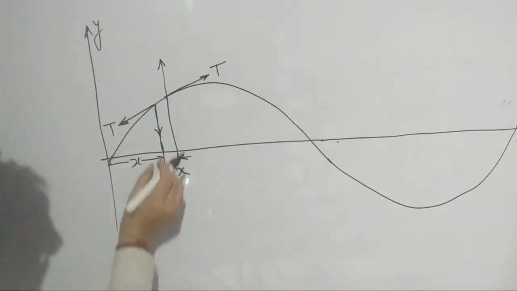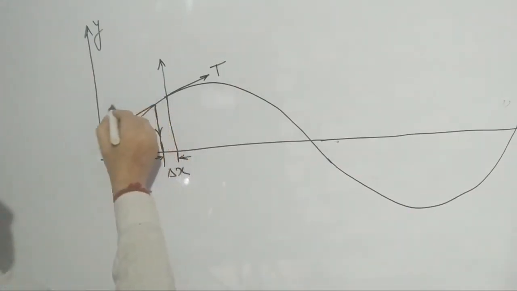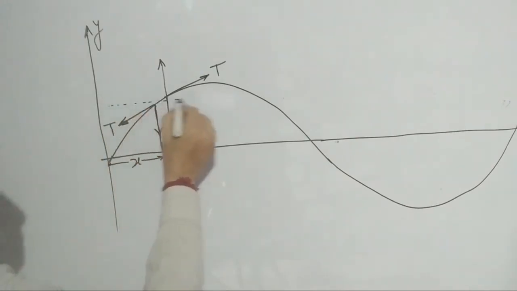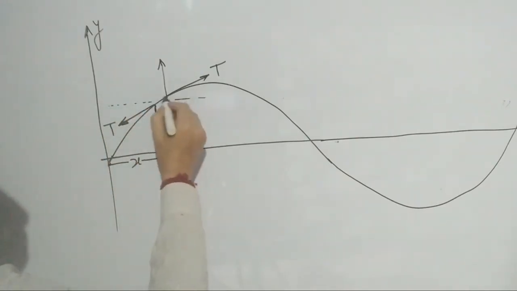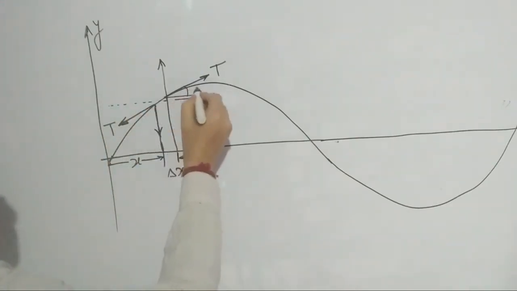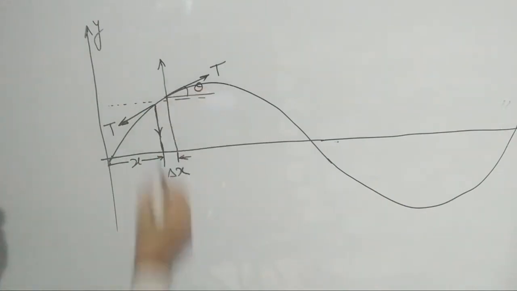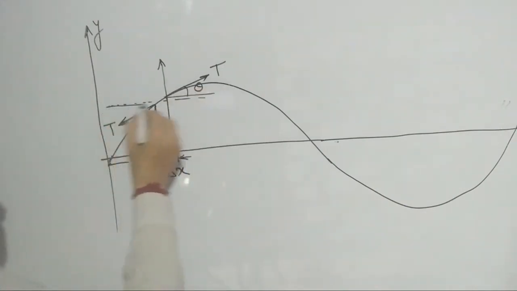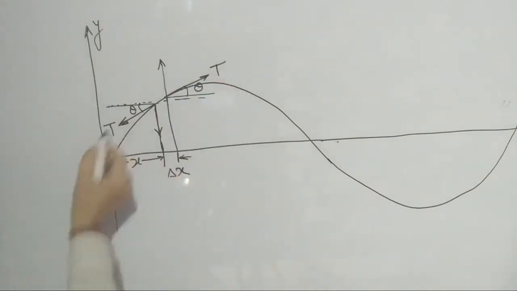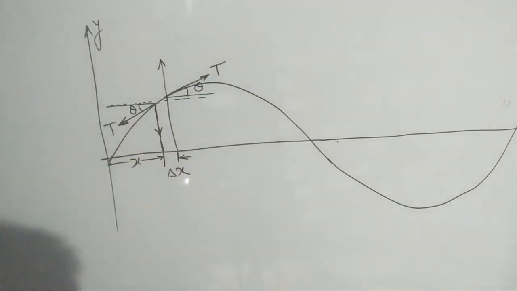So that means if it is a point, we can consider one line like this, and this angle is almost theta, and the same angle is made here, that is also theta. So basically this tension and this tension are not exactly the same.